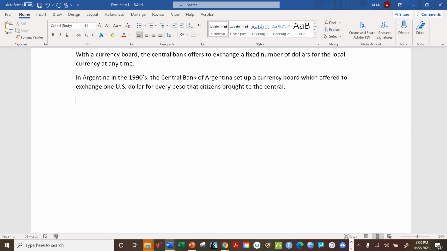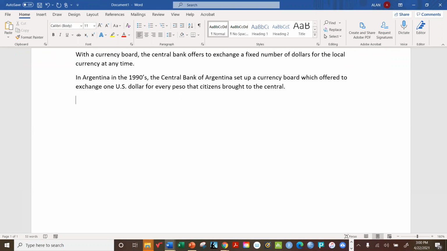In other words, they're basically saying, listen, don't worry about the currency. The peso is not exactly backed by the dollar, but if you're worried about the strength of the peso, we'll give you $1 for every peso that you bring to us. So there's an implicit guarantee there that the Argentine peso will stay as strong as the US dollar.